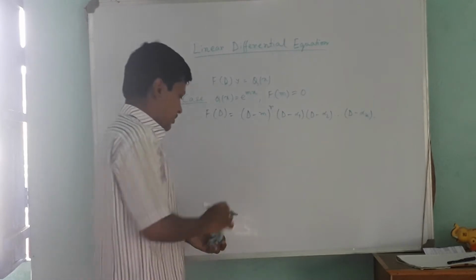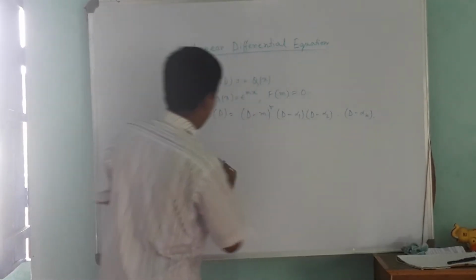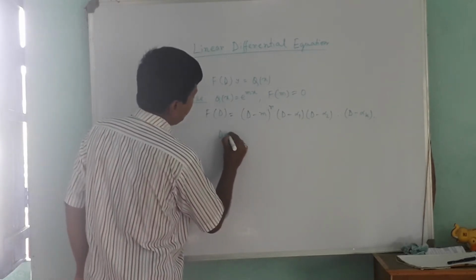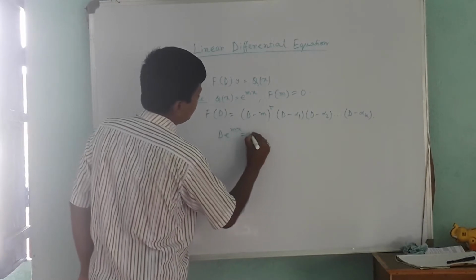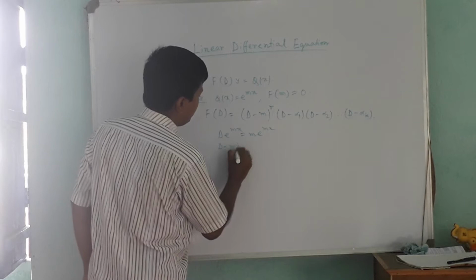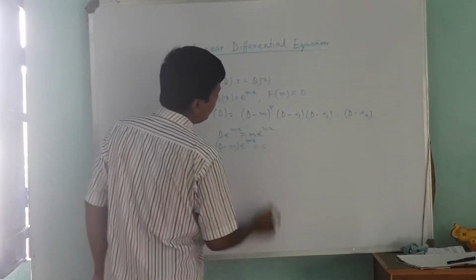Now D of e^(mx) is equal to m e^(mx). So (D - m) e^(mx) is equal to 0.